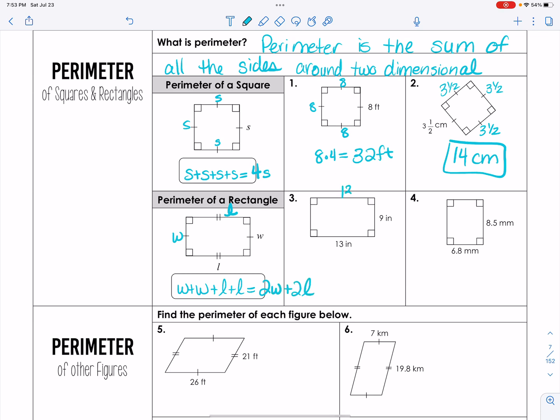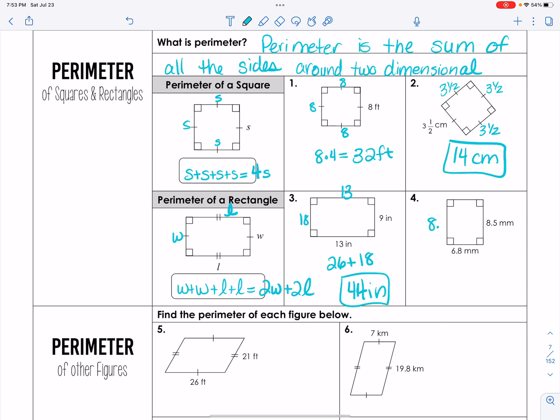So you have 13 and 13, which is 26, and you have 9 and 9, which is 18. Since those are the same, you can do 26 plus 18, so this is 44 inches.